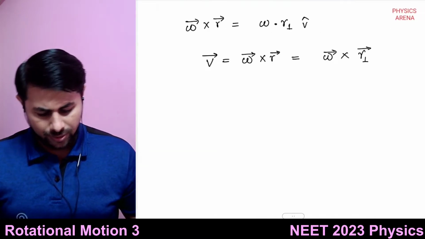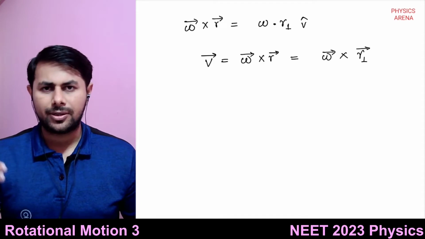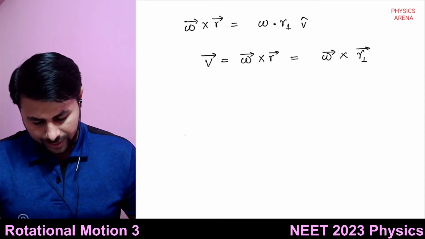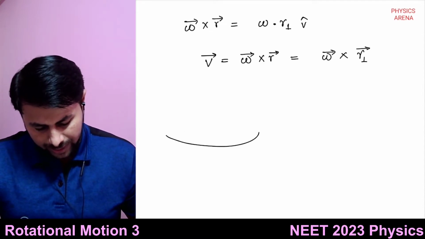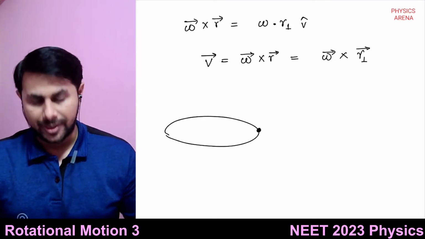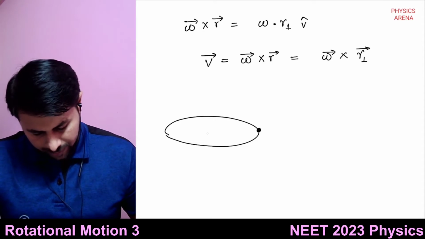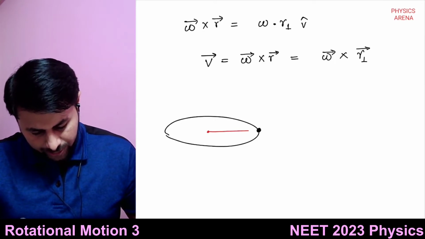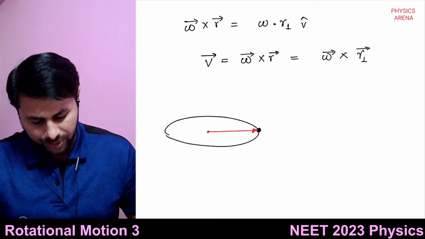Okay. So if we just think about circular motion. Let's suppose we have a particle which is performing circular motion. So this is the particle. Then I find its position vector with respect to this origin.